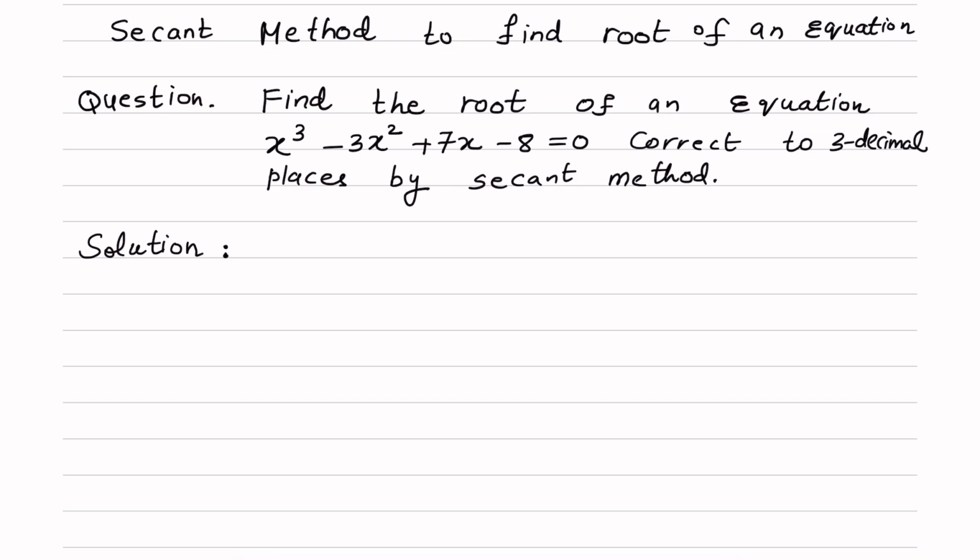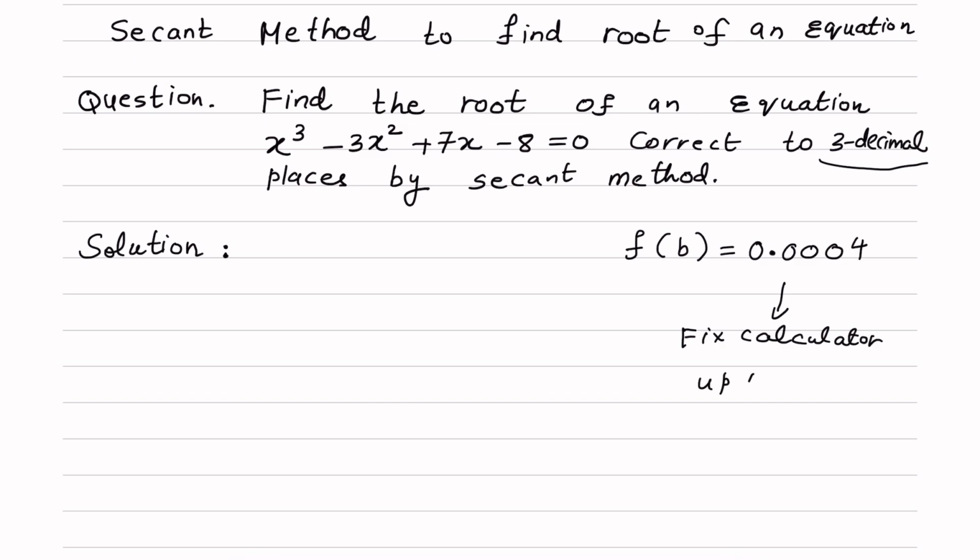So basically we are looking for some number, let's say b, such that when we plug it in the function, we have 0 point. Since we have to find the root correct to 3 decimal places, there will be 3 zeros and the fourth could be some digit. So it means that you are going to fix your calculator up to 4 decimal places.